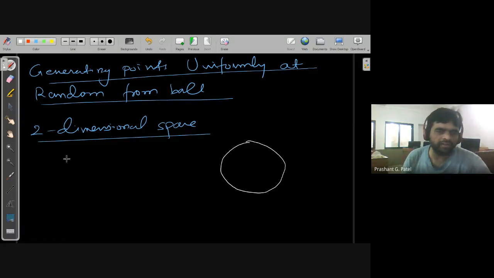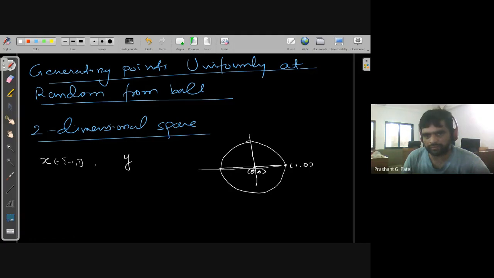So the first idea is to construct it. There are two coordinates needed, the x coordinate and the y coordinate. The x coordinate varies from -1 to 1 because this is a unit circle. This is the 0 point, and this one is the point (1, 0), if you fix your x axis and y axis here.